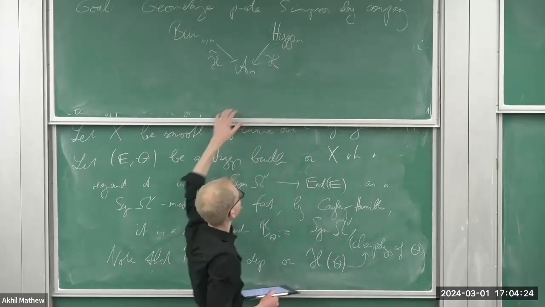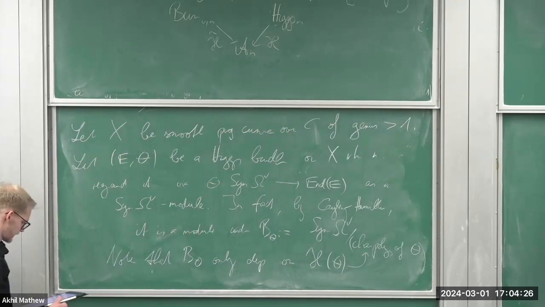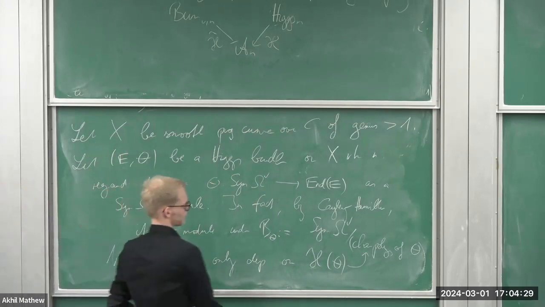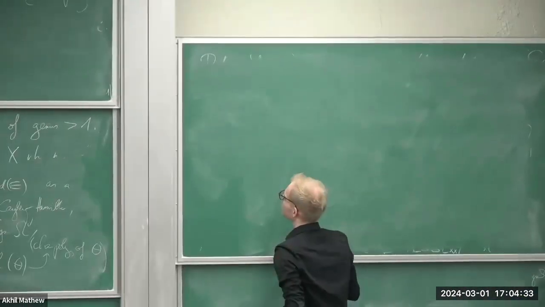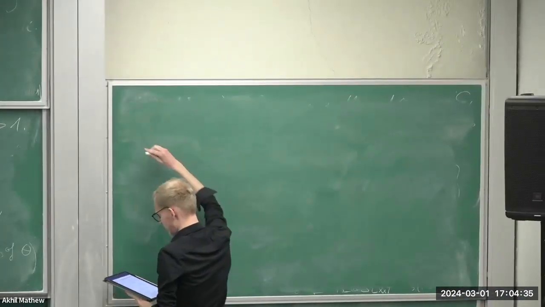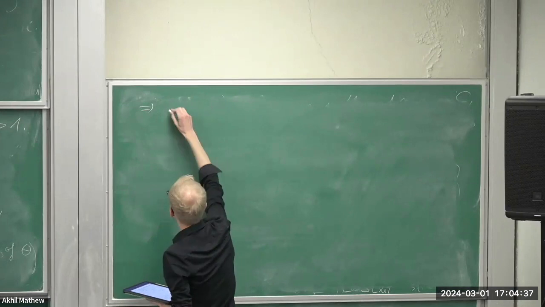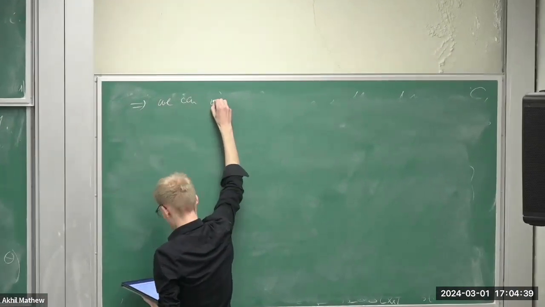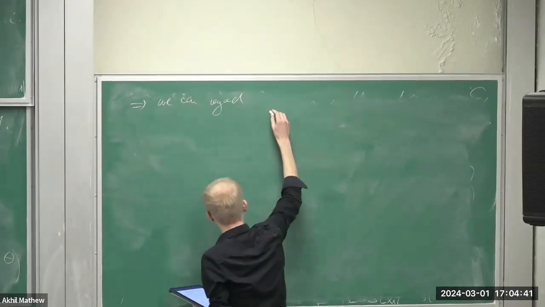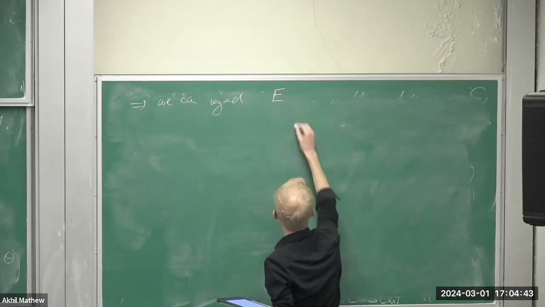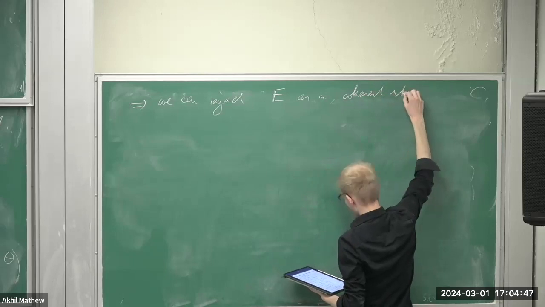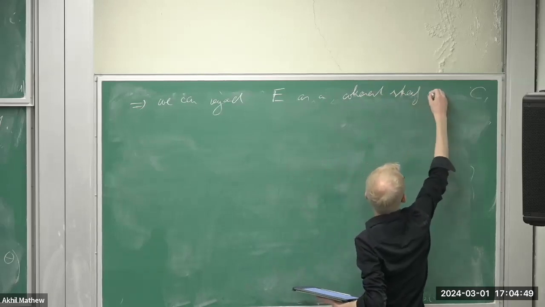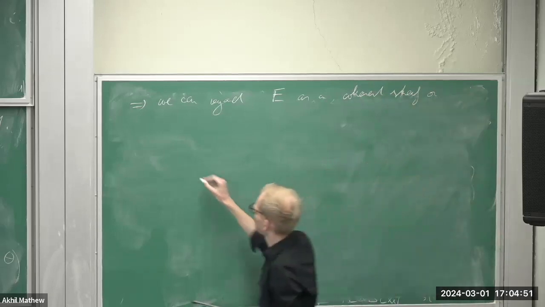So what this means is that in fibers of the Hitchin map, you can regard the underlying bundle as a coherent sheaf on what's called the spectral curve.